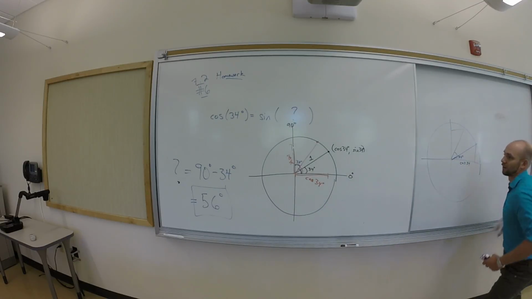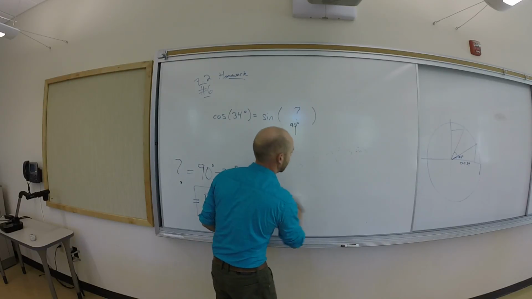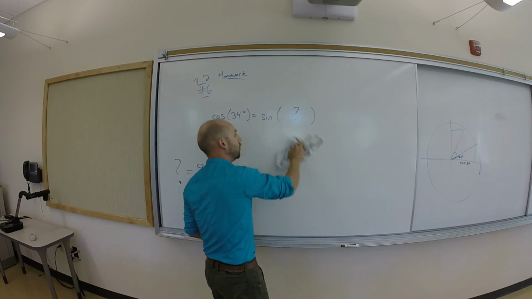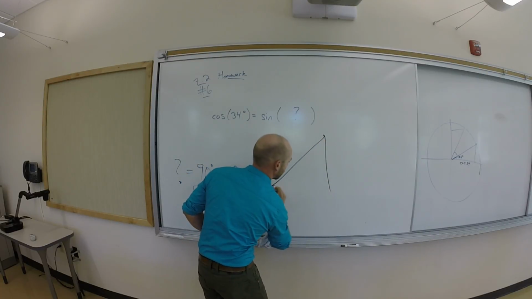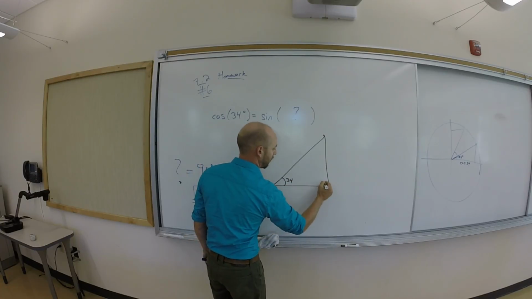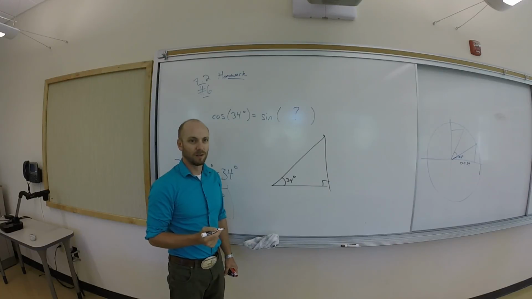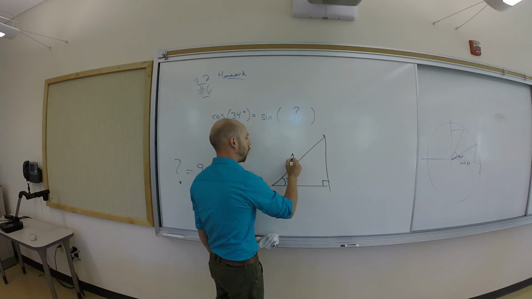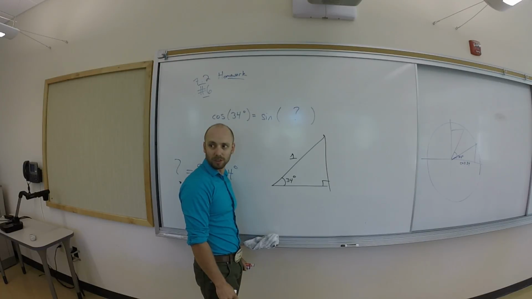You guys see that? So the right triangle thing would be to say, all right, I have a triangle, right, with 34 here, 90 here. If this side's 1, then which side's cosine of 34 degrees?